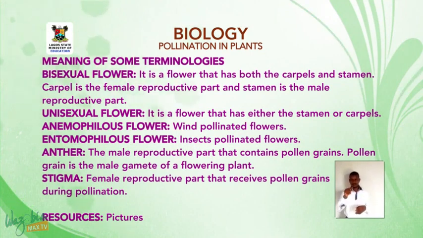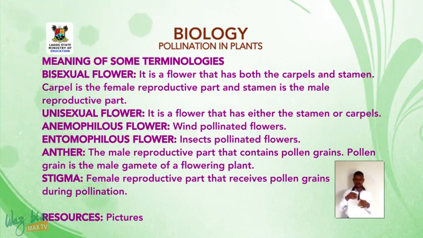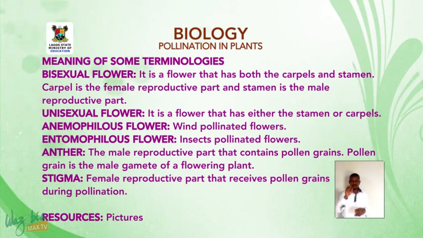Anther is the male reproductive part that contains pollen grains. Pollen grains are the male gametes of a flowering plant. Then we have stigma. Stigma is the female reproductive part that receives pollen grains during pollination.